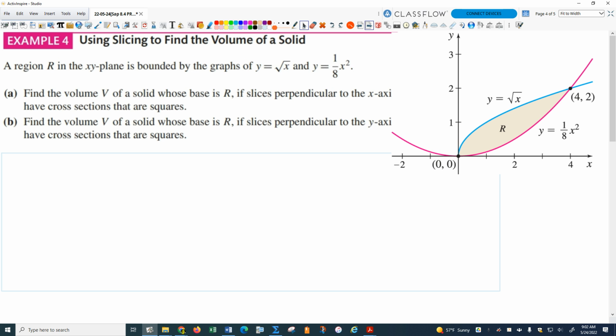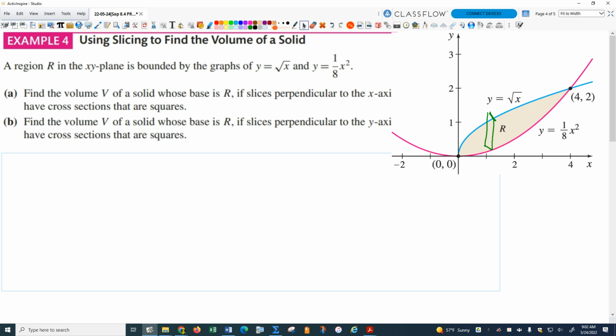So we're going to be making our slices look like this. Like here's a slice, for example. When I make that slice, the cross-section is going to be square. So if it came out of the paper, it would kind of look something like that. Does that make sense? Okay.